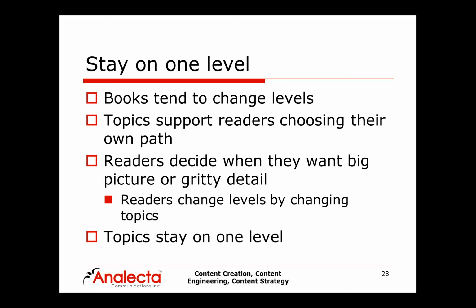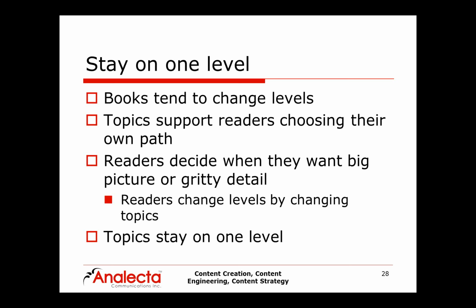But when readers are navigating from the bottom up, they actually are in charge of making those decisions. They get to decide whether they want just the details right now, and yes, maybe I'll need to understand the principle later, but right now I just need the details. Or somebody else may come along and say, well, I'm a little hesitant here. I'd like to understand what's going on.